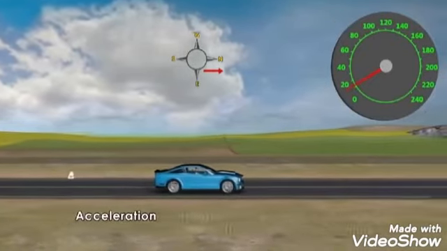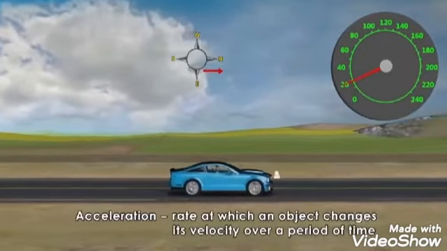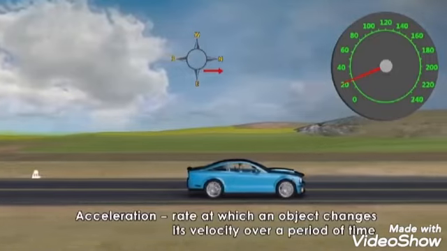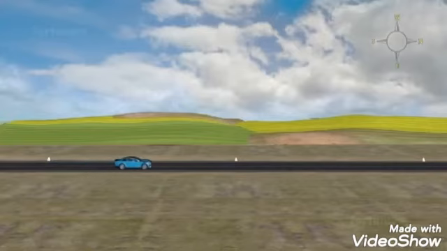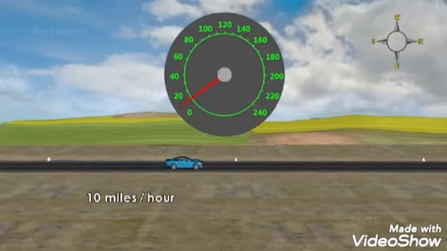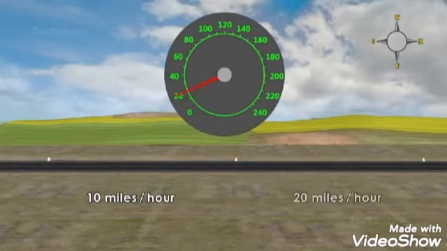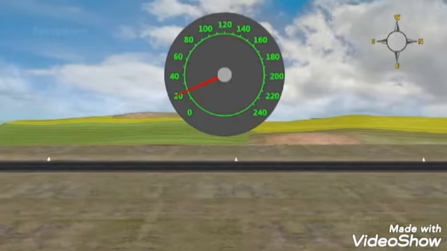Now the acceleration of the car: rate at which an object changes its velocity over a period of time. Initially, the car moves with the velocity of 10 miles per hour. In the halfway of the trip, it changes its velocity to 20 miles per hour.